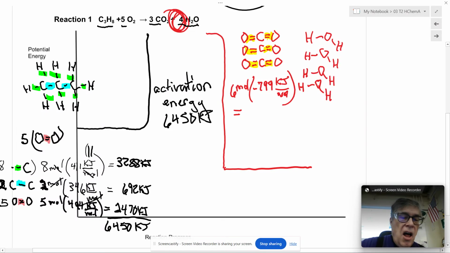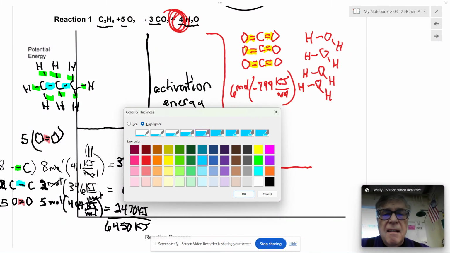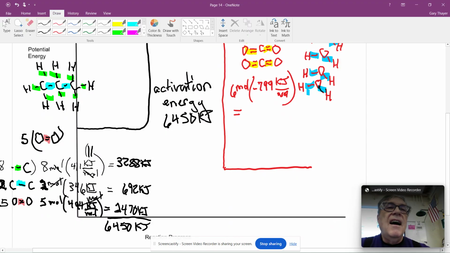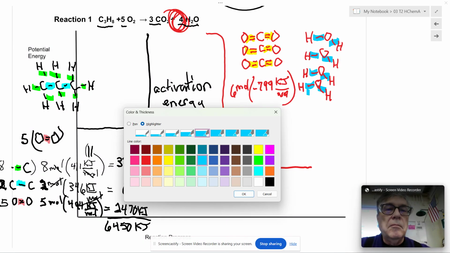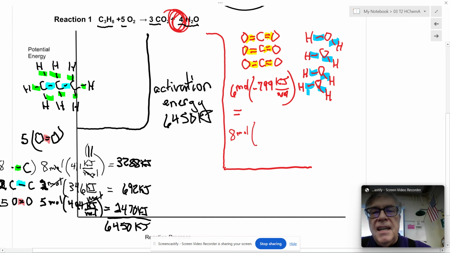And the other bond we are dealing with is this one, and there are 1, 2, 3, 4, 5, 6, 7, 8. Am I doing okay so far? There's going to be 8 of that kind of bond. There are 8 moles of the hydrogen-oxygen single bond.